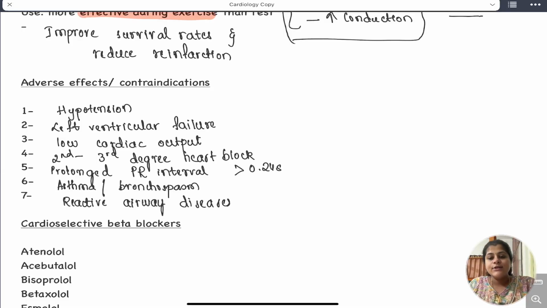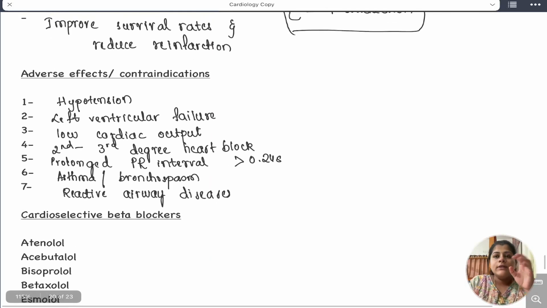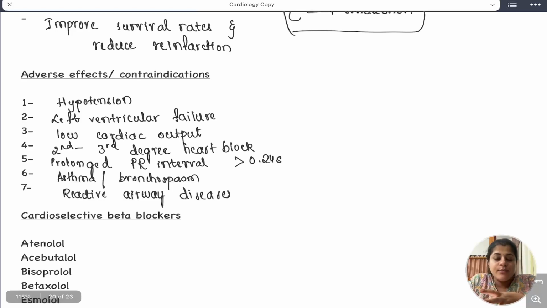In these conditions, you won't be able to use beta blockers. One major important side effect is bronchospasm, because beta blockers also act on beta 2 receptors, so you won't be able to use them comfortably in patients with bronchospasm or bronchial asthma.